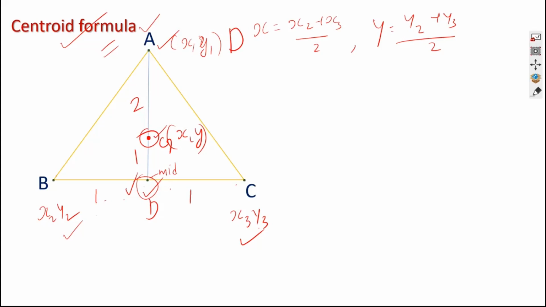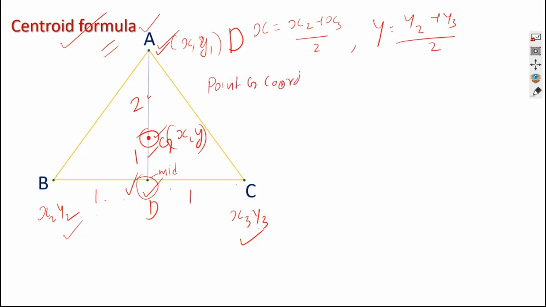If you got the coordinates of D, then the coordinate of A, you can find out this particular coordinate because the ratio is known to us. And in that case, you will be applying the section formula. So we are trying to get the point G coordinates.